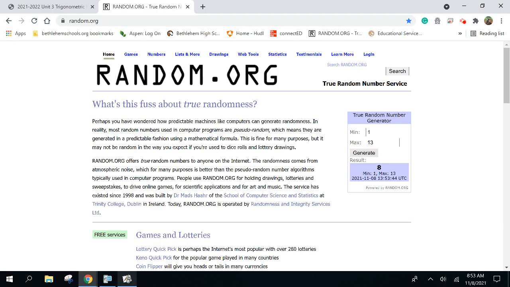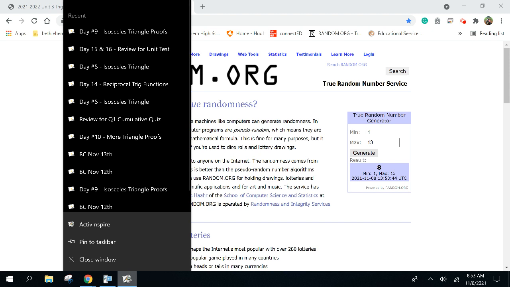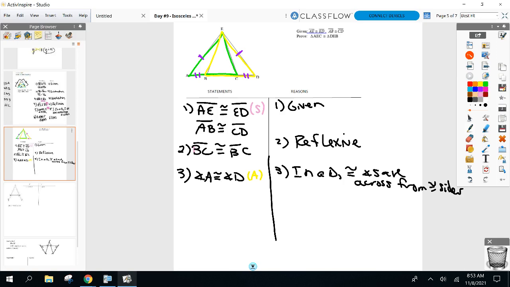Hey, 8, what's up next? AC minus BC congruent to DB minus BC. Okay, I don't want to do subtraction though. Oh, yeah, I meant addition. Even though you clearly said minus all the way through?